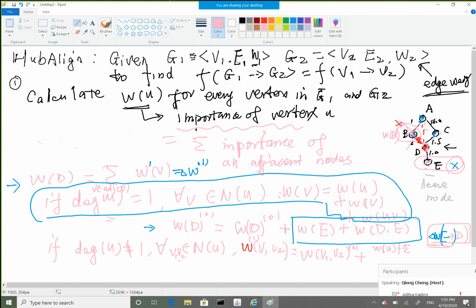And then for any adjacent nodes, you want to check what the influence is for A and E. So when you delete this one, if they have adjacent nodes, you make a new edge, and you want to calculate the new edge weight. And so this is equal to WU plus WUV.